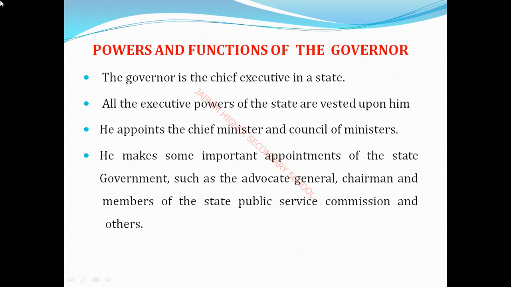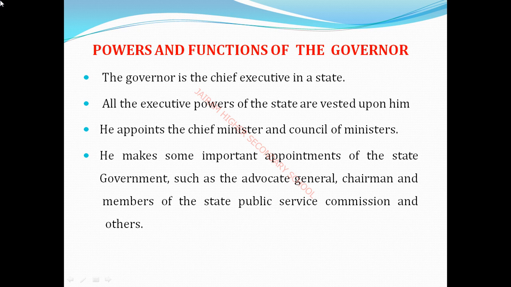He has the full right to appoint the chief minister and his party's council of members to rule the whole state.